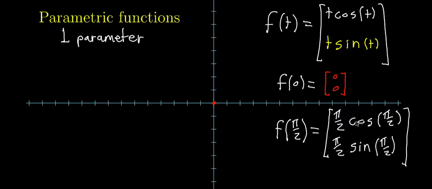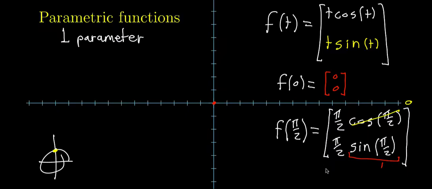And if you go off and scribble that little unit circle, and you say pi halves is going to bring us a quarter of the way around over here. And cosine of pi halves is measuring the x component of that, so that just cancels out to 0. And then sine of pi halves is the y component of that, so that ends up equaling 1.